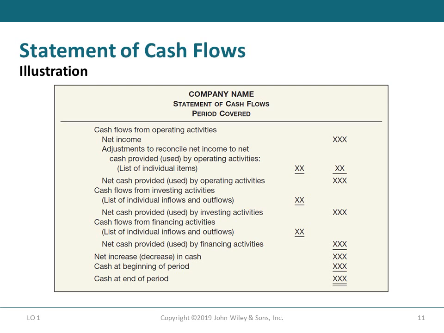Company name, then the statement of cash flow, then for the period ended, let's say 2020. And we start with cash flow from operating activities, and end with cash at the end of the period.